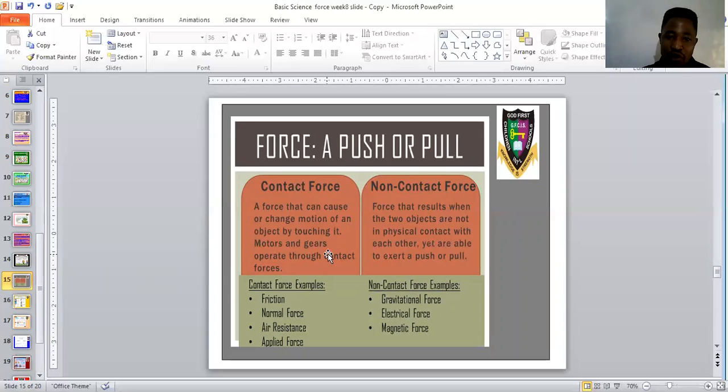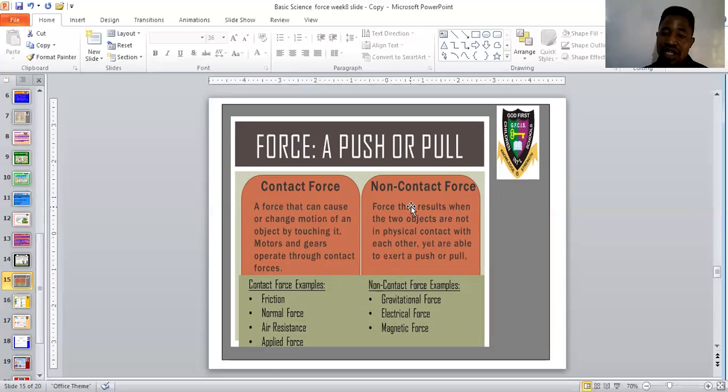So a contact force is a force that can cause or change the motion of an object by touching it. Motors and gears operate through contact force. Contact forces include, for example, friction, normal force, air resistance, and applied force.